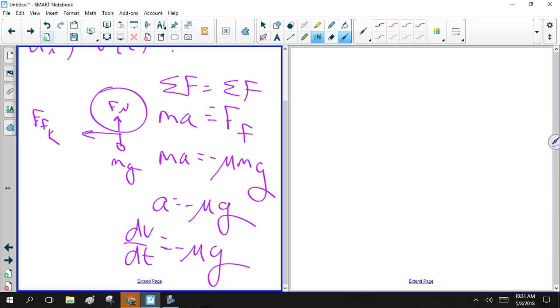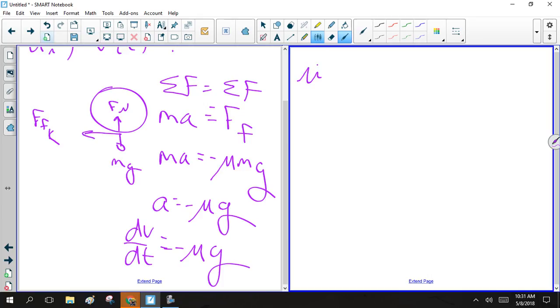There you go. Any problems with Roman numeral I? Roman numeral II. Same thing, but now we want angular.